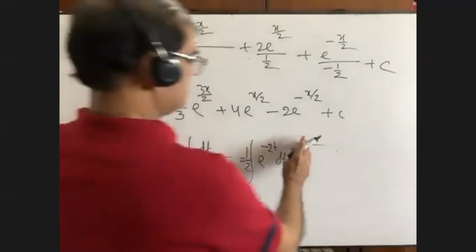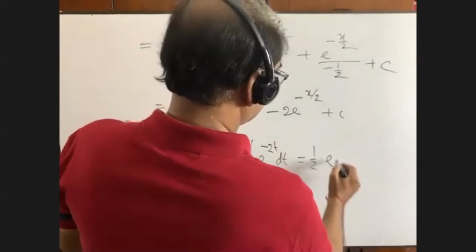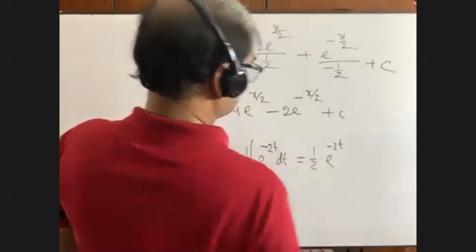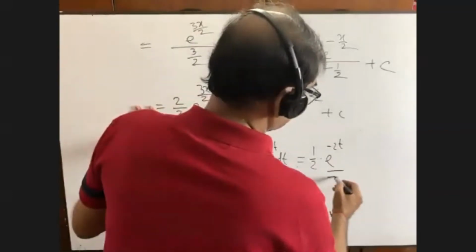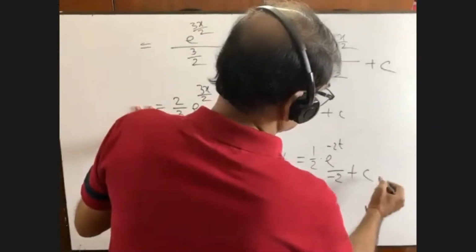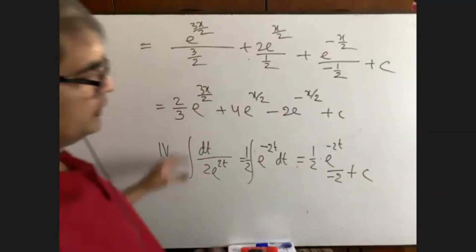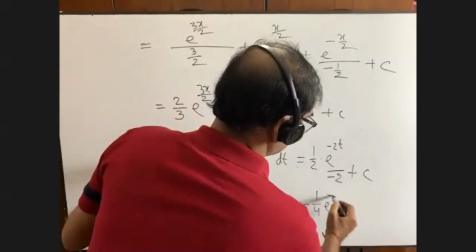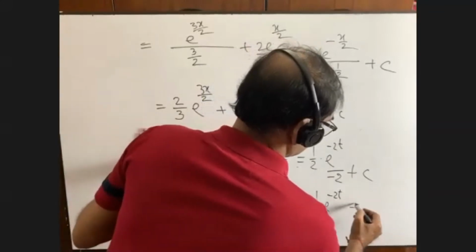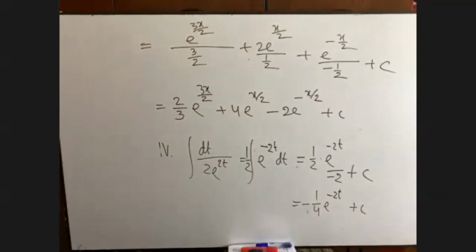So very easy and simple, it is equal to half e to the power minus 2t, the coefficient of t is minus 2, divided by minus 2, plus c. That is, we are getting minus 1 by 4 e to the power minus 2t plus c. Math is done. Very easy and simple math that I told you.